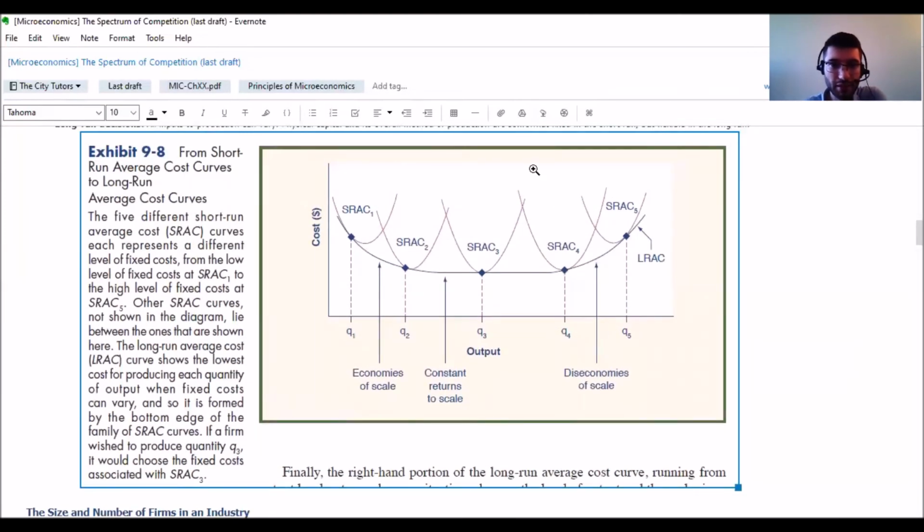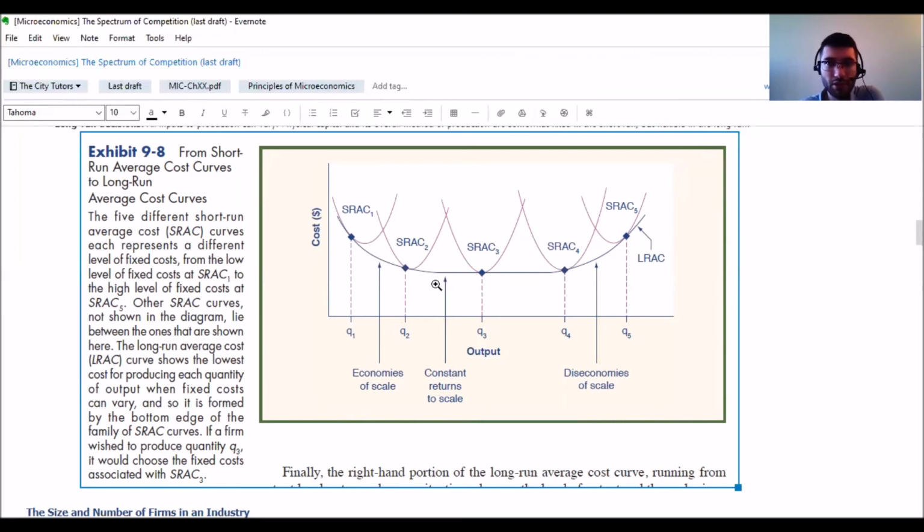But if the demand curve crosses somewhere around here in Q4, for instance, then that would mean that we could probably have two firms competing in this market. So probably we'll have a natural oligopoly. Because once again, you need some minimum amount of production in order to have economies of scale, and in order to reach the minimum of the long-run average cost curve.